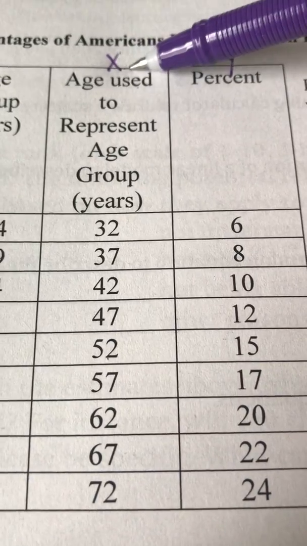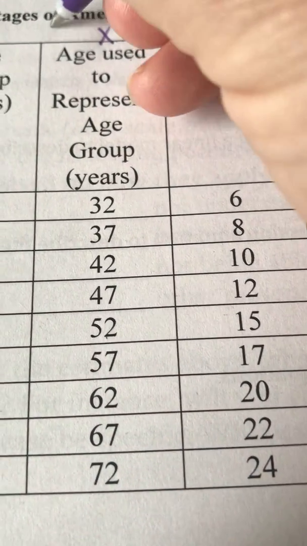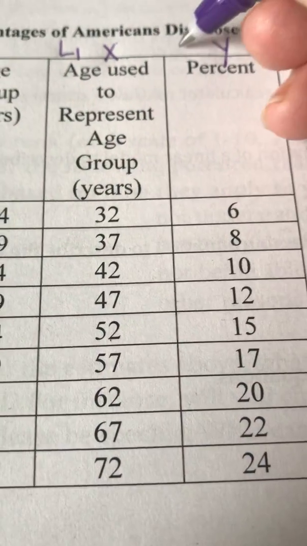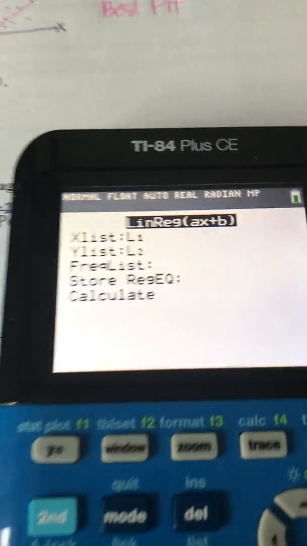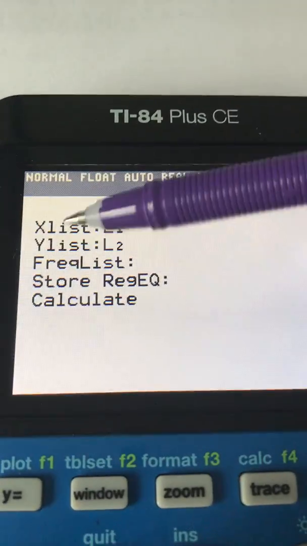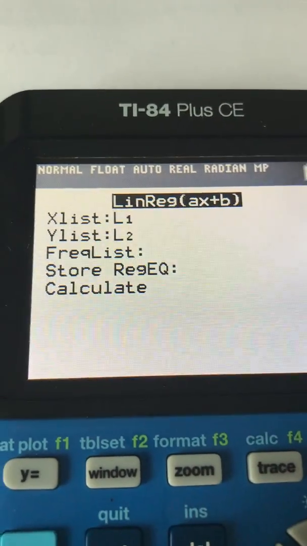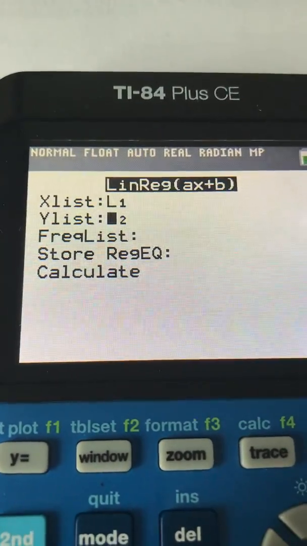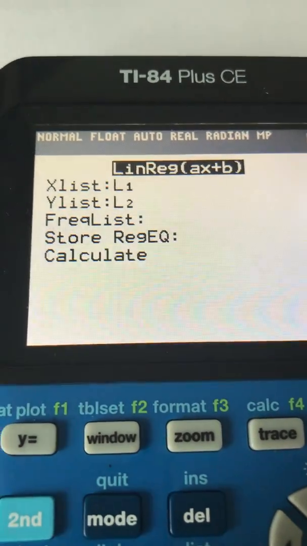Our independent variable is our X values. On our list, this was list 1 and this was list 2. So we have our X list is list 1, our Y list is list 2. We hit enter, enter, that's all good, and we hit calculate.